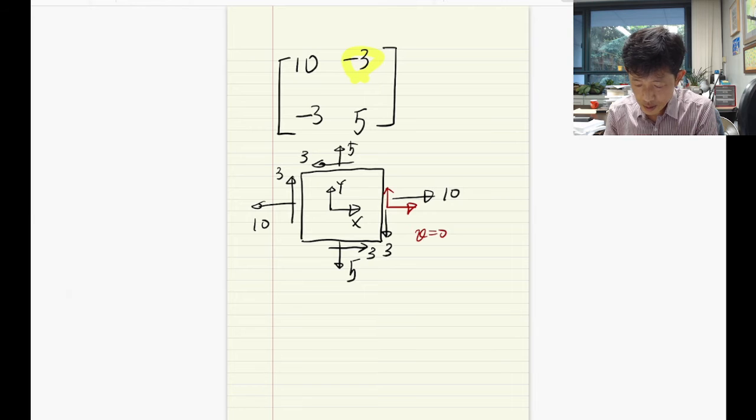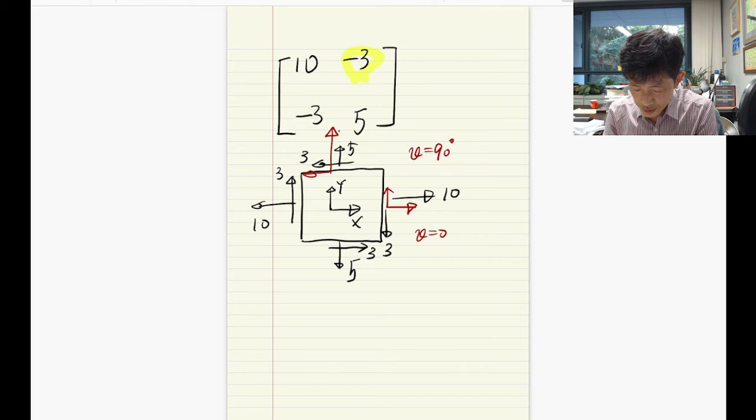But let's consider a 90 degrees difference. Say theta is 90 degrees. Then what happens? My observation plane should be placed here. This is 90 degrees. And then because we use the right hand rule, it looks like this.